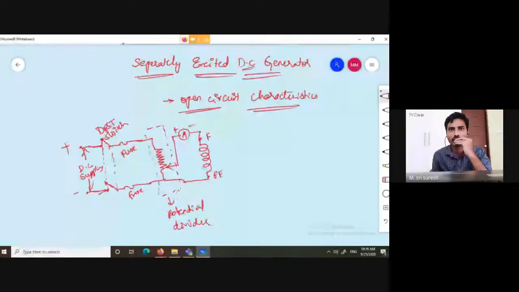For the generator, we are drawing the armature now. So we are representing the armature, and we want to take the armature voltage, which is nothing but EG. In parallel the voltage is the same, so that we are taking the voltage.